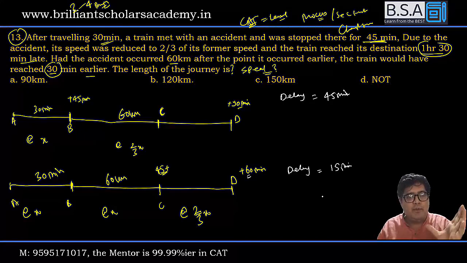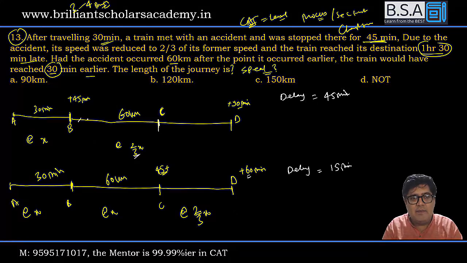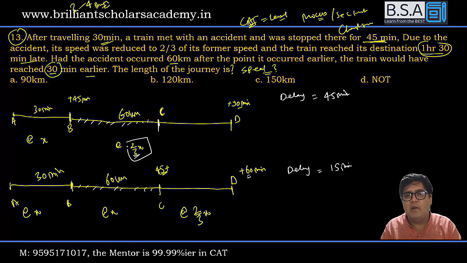I wanted to perform a comparison. Why is this happening? Can I say here, this part of the journey, 60 kilometers, and this part of the journey, 60 kilometers. That is the only difference. The speed is low and the speed is high. You see the first part, the speed is same, time is same. The last part, CD distance, I do not know how much that is, but the speed is same.